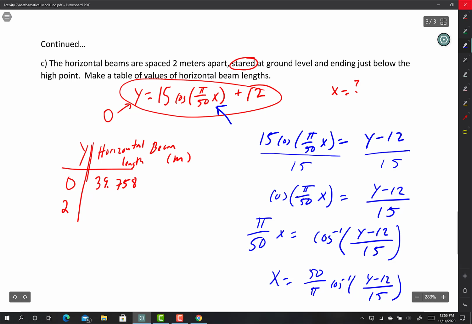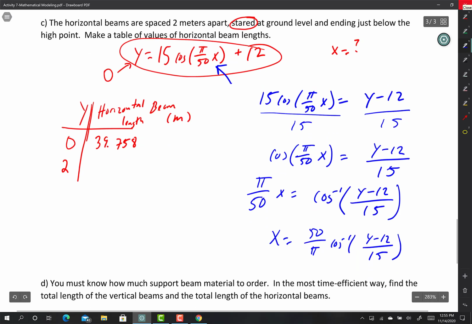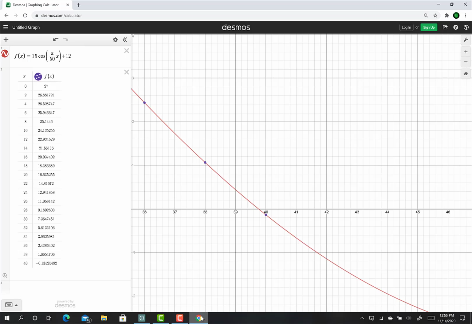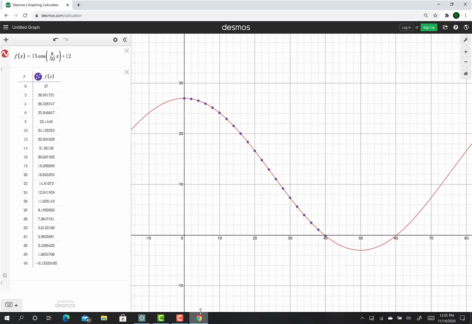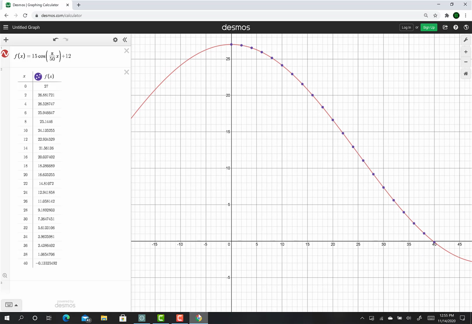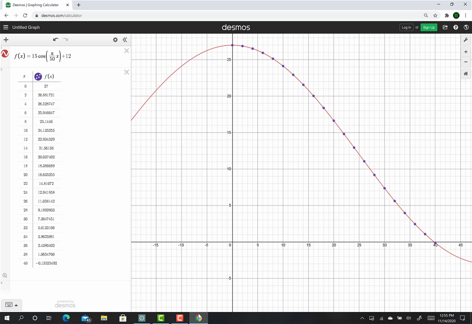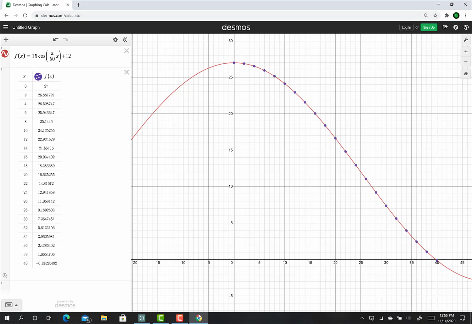And as you can see, I hope that we are smart enough because we're using logic here. So what is the biggest y value that I can have for my horizontal beam length? No, I'm not waiting for an answer, guys, because I can't hear you. But think about it. You're right down here, and at y equals 0, I got a value of 38 point whatever.